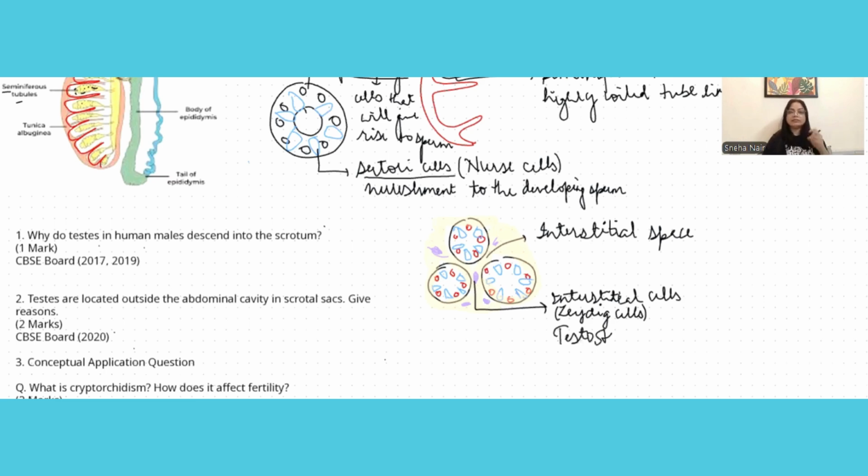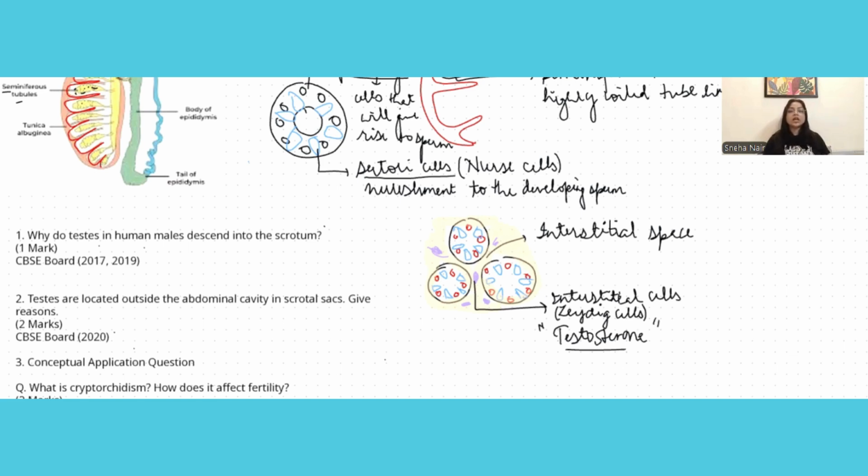In males, a number of hormones are released. That group of hormones is called androgens, and the most important androgen in the male is testosterone, which helps in development of sperms. It is also responsible for secondary sexual characters in male. So this testosterone is produced by Leydig cells or interstitial cells, which are present in the interstitial space.